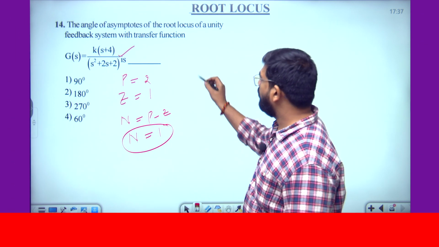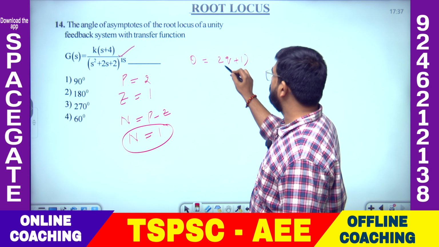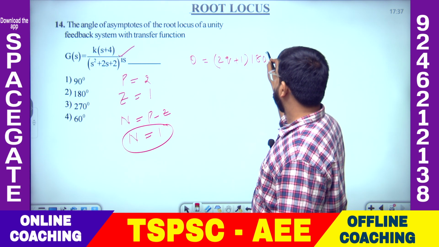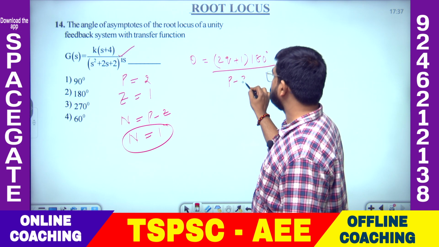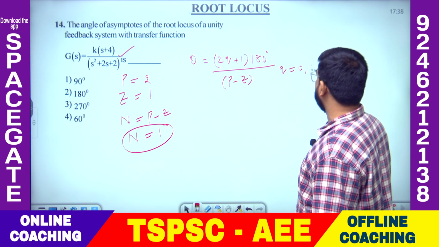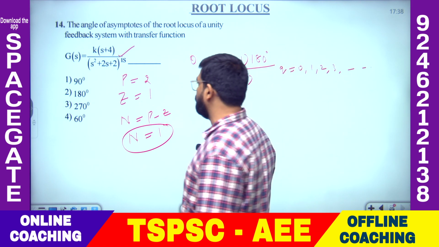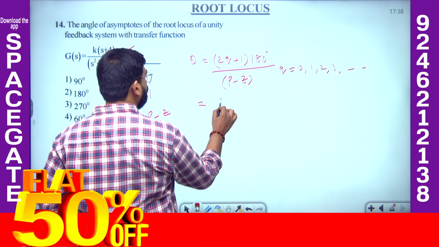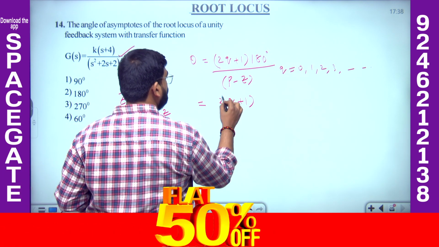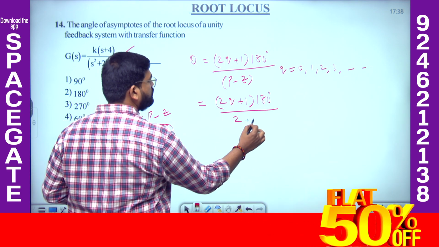Now how to find the angle of asymptotes here? 2q plus 1 into 180 by p minus z. So q is equal to what? 0, 1, 2. Based on the number of asymptotes we substitute this value of q. Here 2q plus 1 into 180 by p minus z, okay, 2 minus 1 we take.